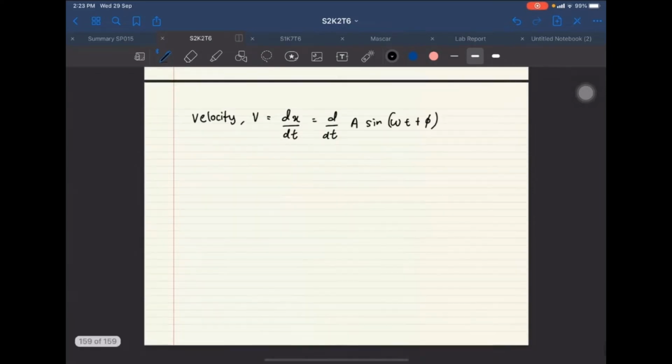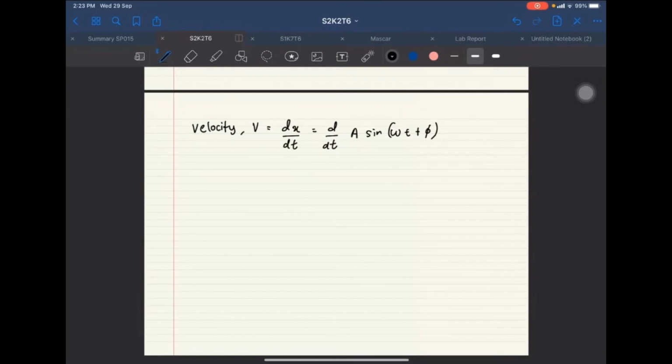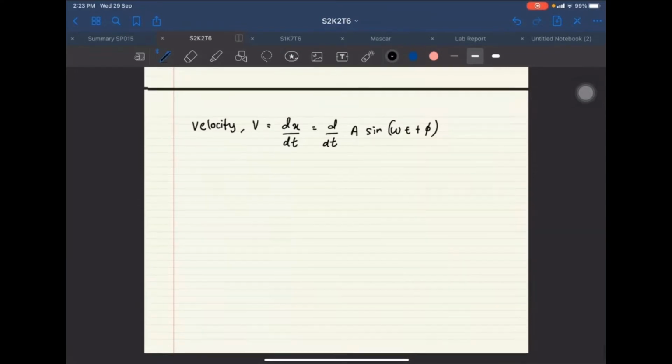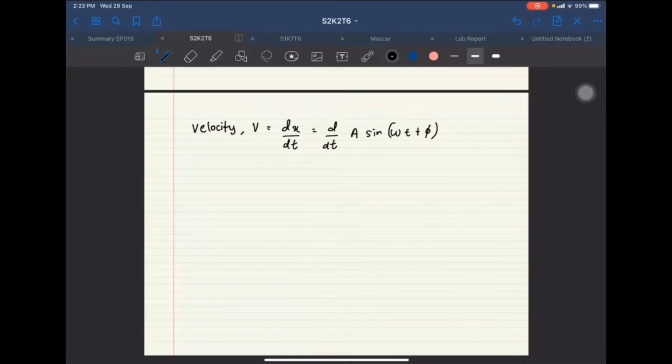If I differentiate this one, yang ni kamu kena tahu macam mana nak derive. From X to V, you need to be able to do that. So macam mana ni? Kalau contohnya yang ni, dapat apa? V sama dengan. A berubah ke tak? Tak. Sine jadi cos, okay.